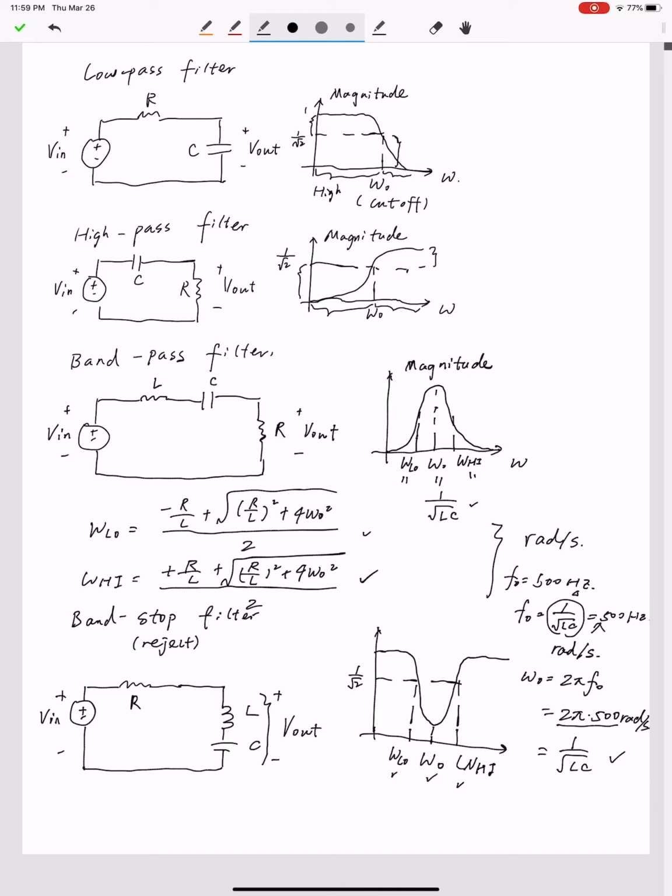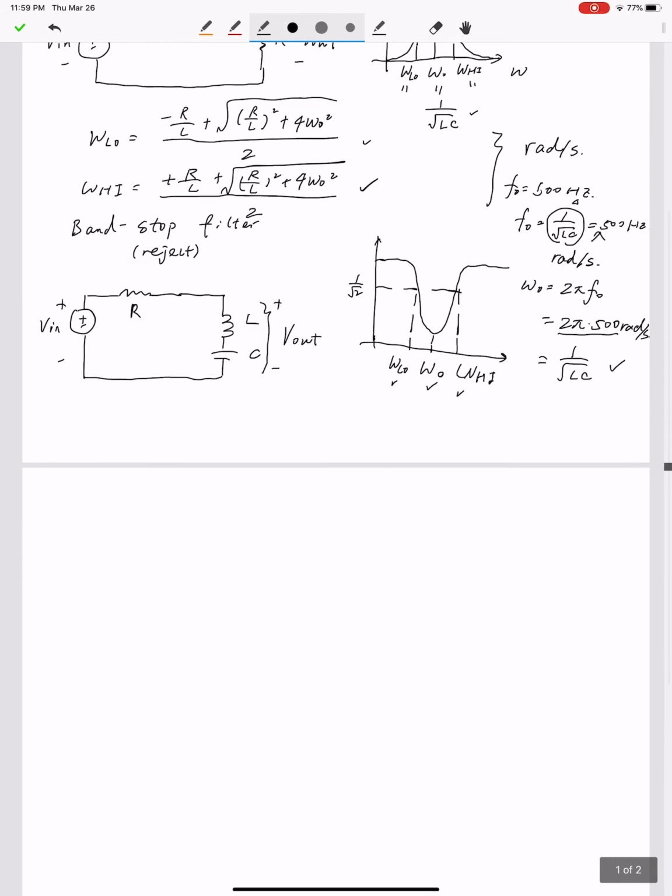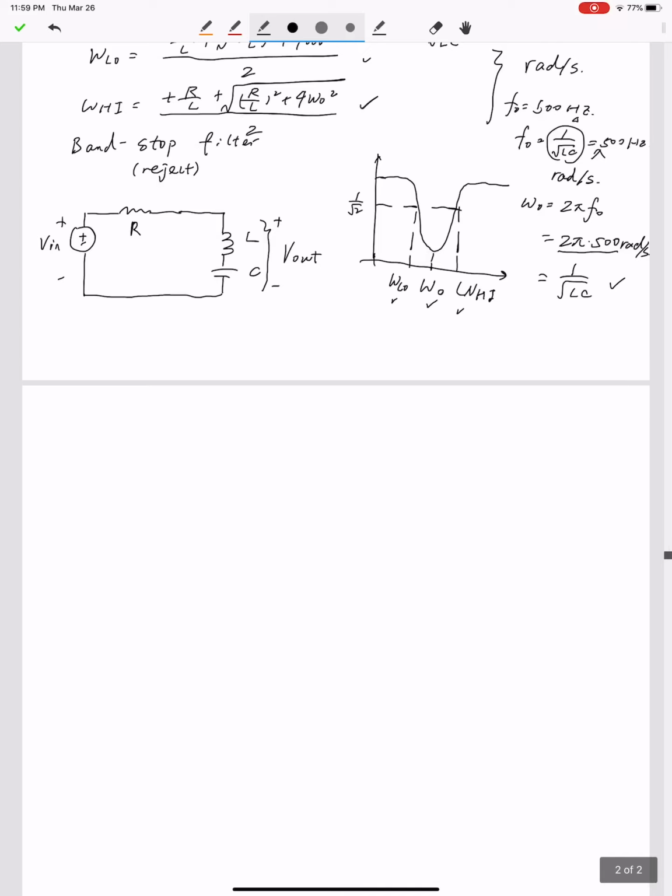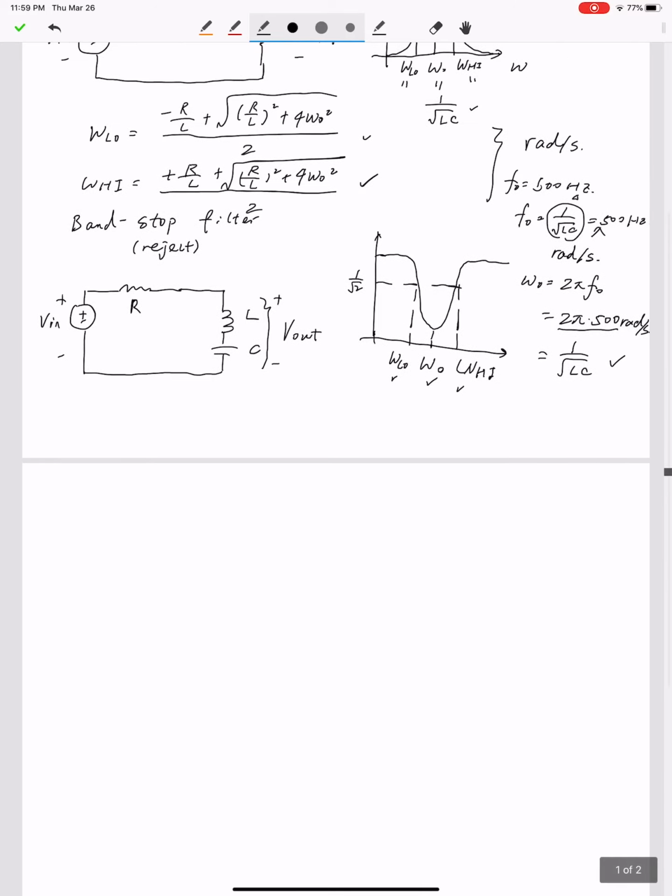Alright, so these are the four filters that we introduced in this class, and there are still two important concepts related with bandpass and bandstop filters that we need to introduce.